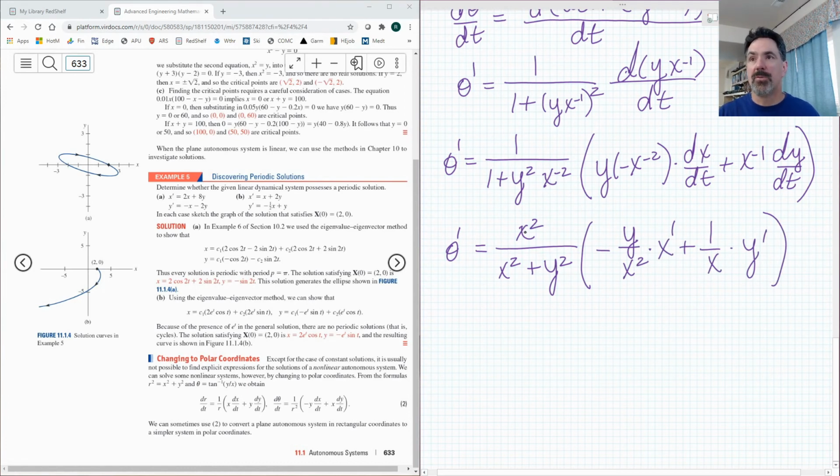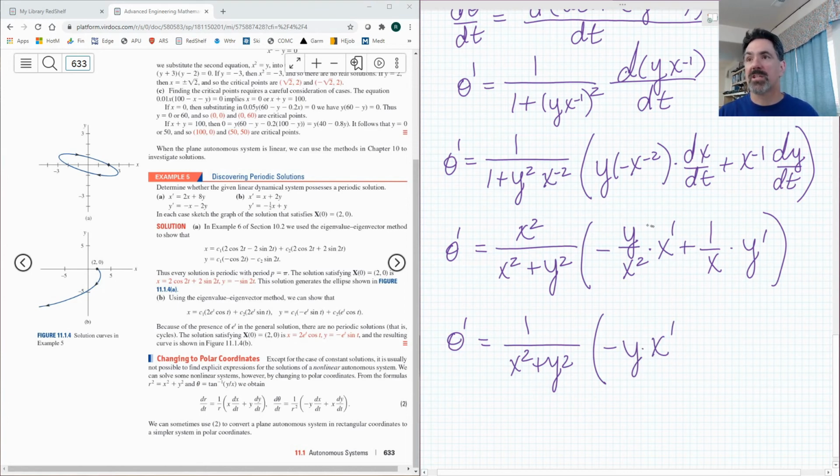Finally, we're going to distribute the x squared into this sum. And when we do that, we have theta prime is equal to 1 over x squared plus y squared. And then distributing this in, we're going to have a minus y times x prime. X squared divided by x squared gives us 1.